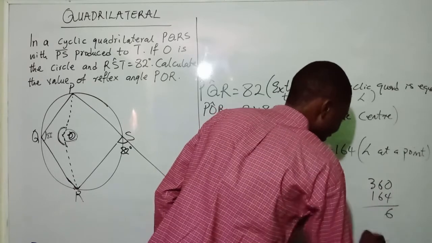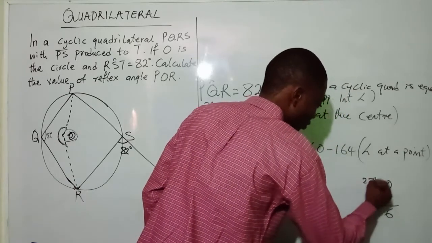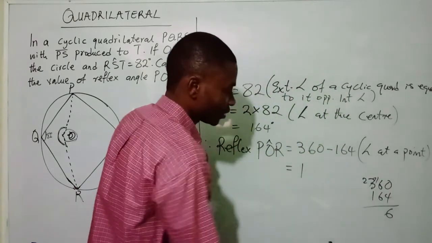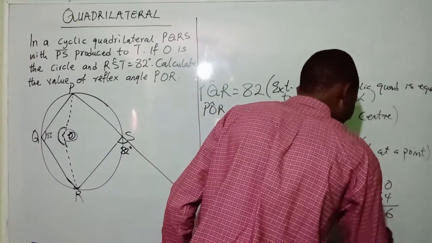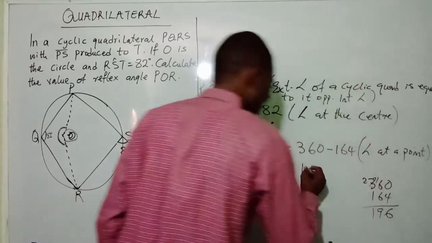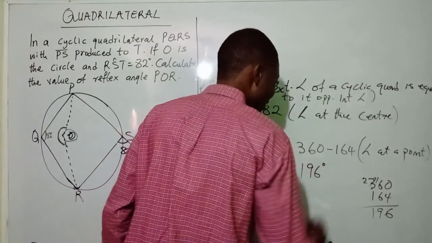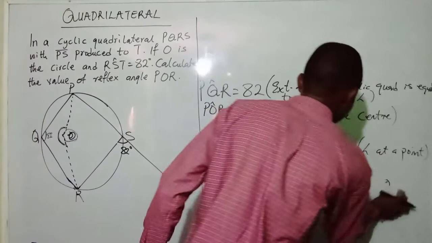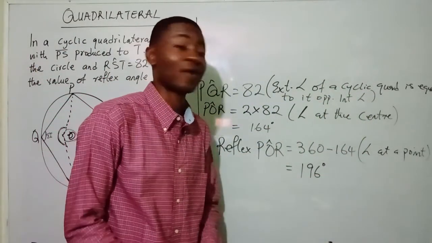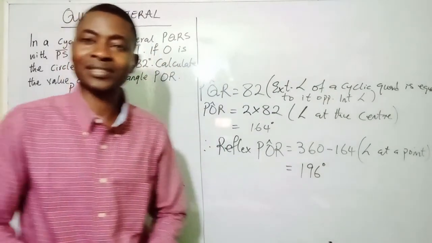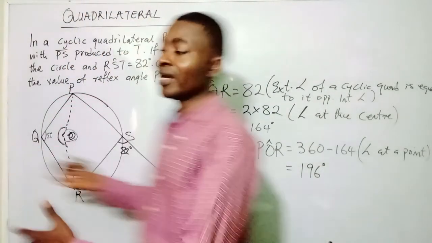Borrowing, we have 15 minus 6, that is 9, and then 2 minus 1 is 1. That gives us 196 degrees. So the reflex angle POR is equal to 196 degrees. That is our answer to this question.